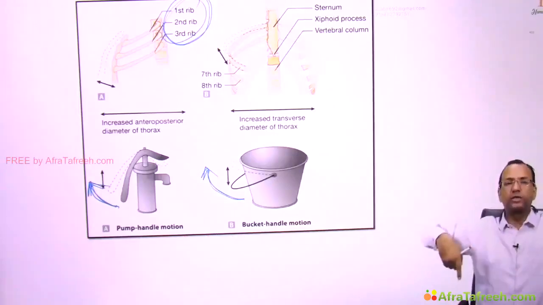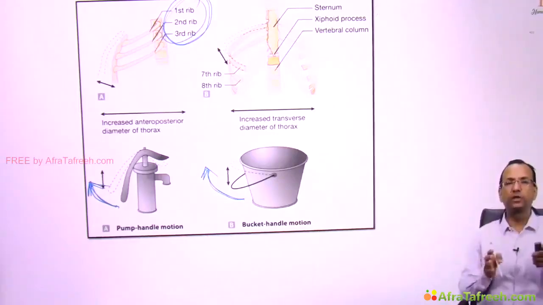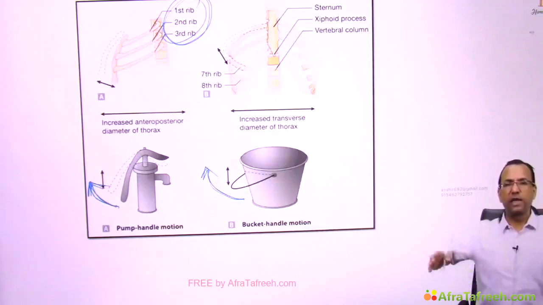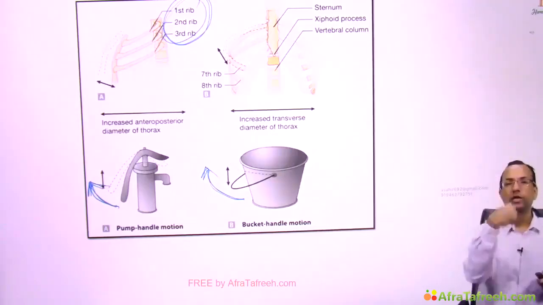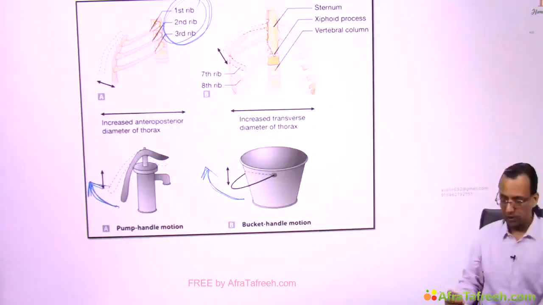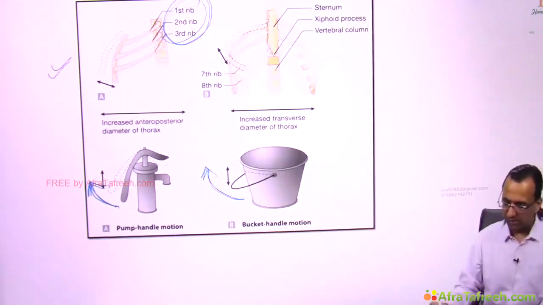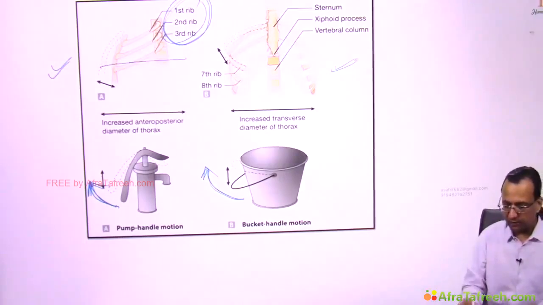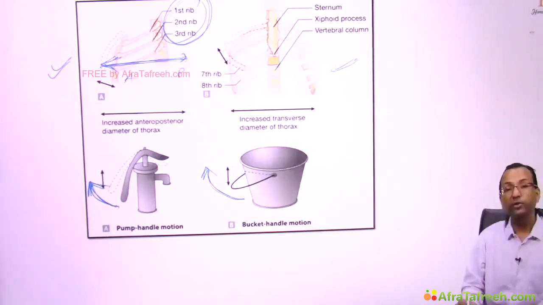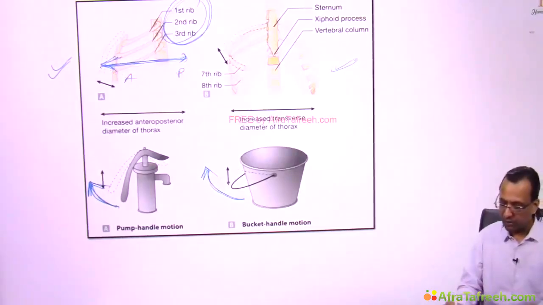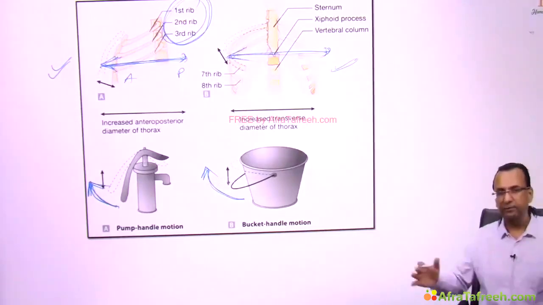The lungs expand transversely, and air will be sucked inside. This is for inspiration, and that is also for inspiration. Here you are increasing the anterior posterior diameter so lungs can expand anterior posteriorly, and here you are increasing the transverse diameter so lungs can expand transversely.